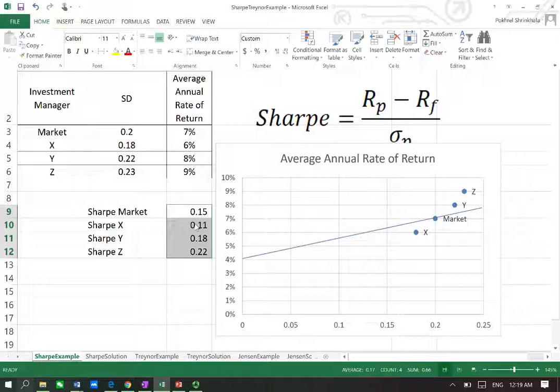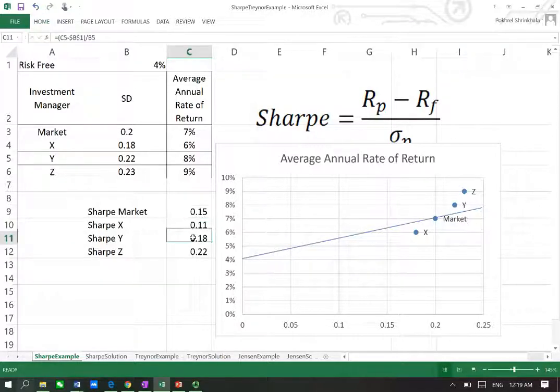In contrast, portfolios Y and Z performed better than the aggregate market because Y and Z are higher than 0.15, and portfolio Z has performed better than portfolio Y.